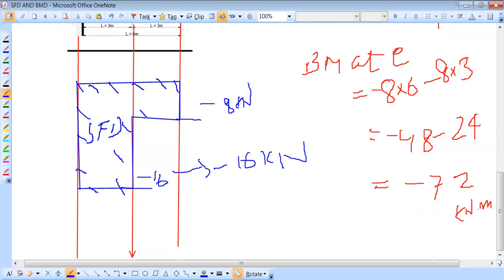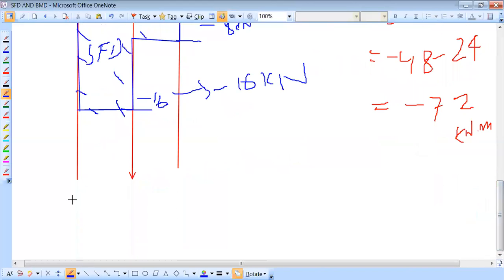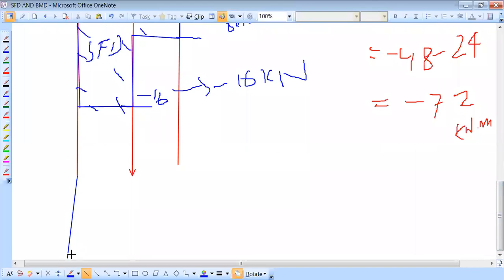Then after that draw the BMD. How can I draw the BMD? We can extend the line.